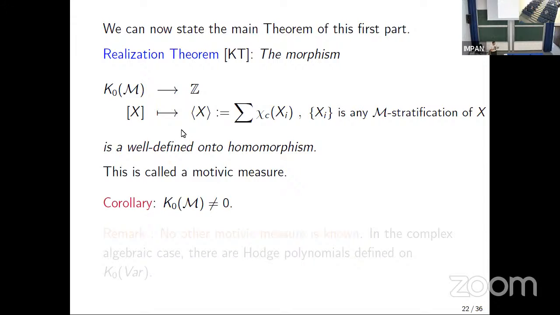Okay, so we do have a beautiful, well-defined and non-trivial morphism into Z. We did define a motivic morphism from this Grothendieck ring to Z. And this is what I'm going to use in application. Okay.